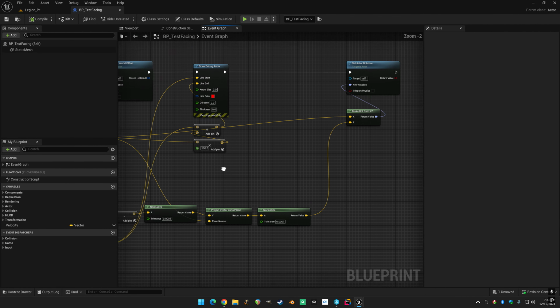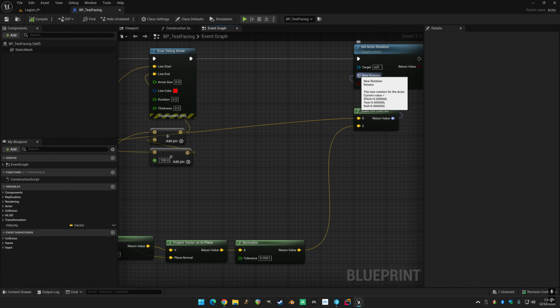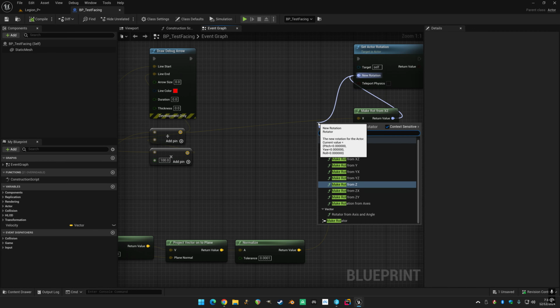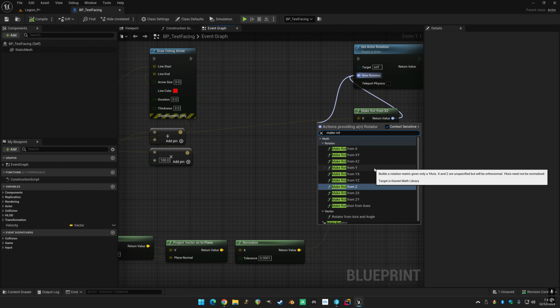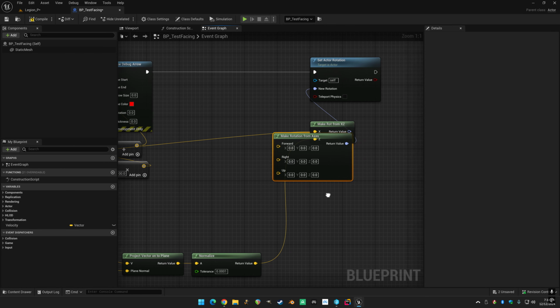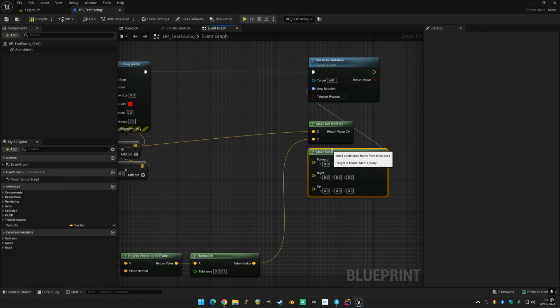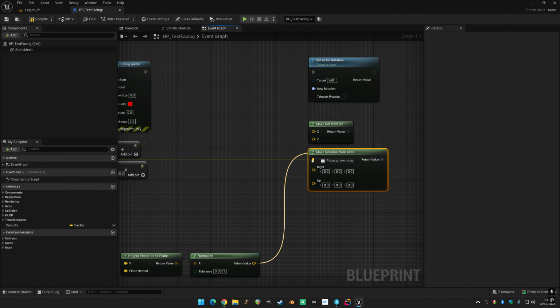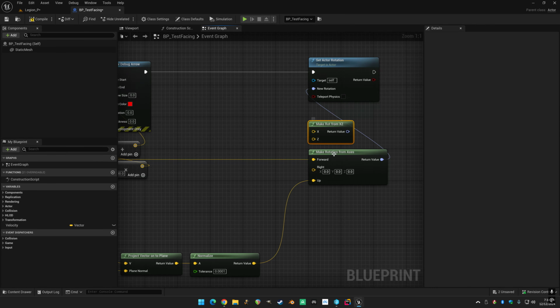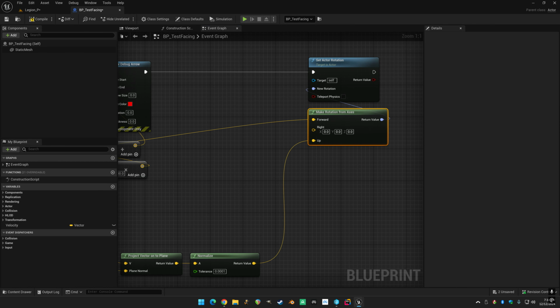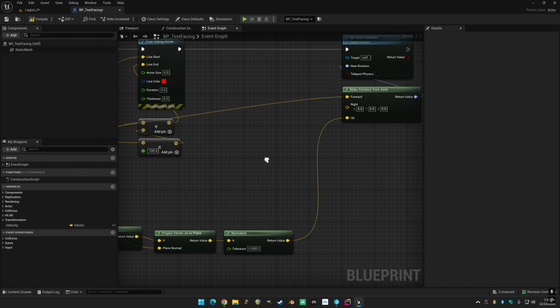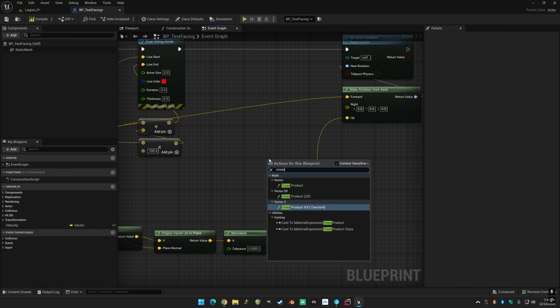Let's go ahead and make our y-axis as well. So forward would be x, z would be up. Okay, so to make the right, we can just do a cross product.